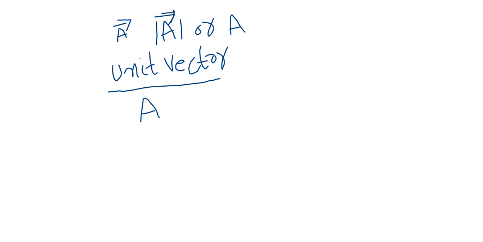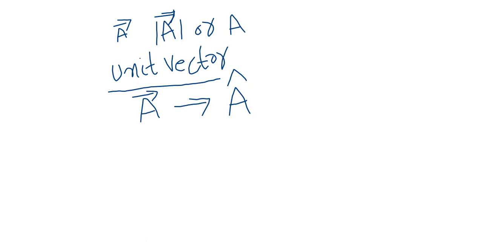Its unit vector is represented as A cap. We call this symbol cap. A vector whose magnitude is 1 is called a unit vector. Unit vector is represented with A cap.